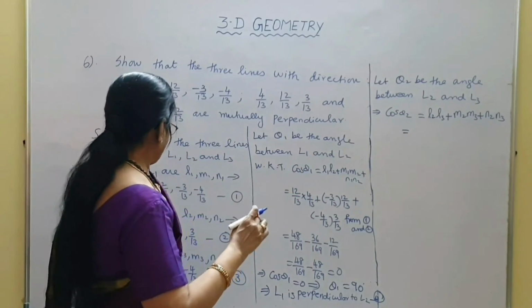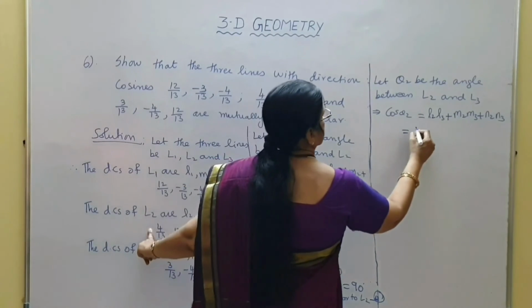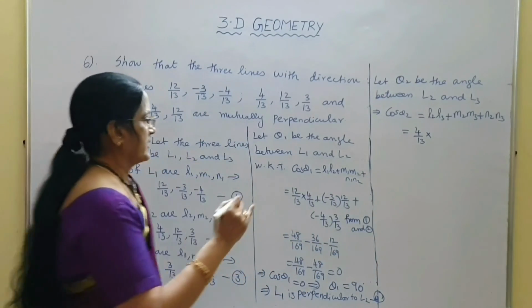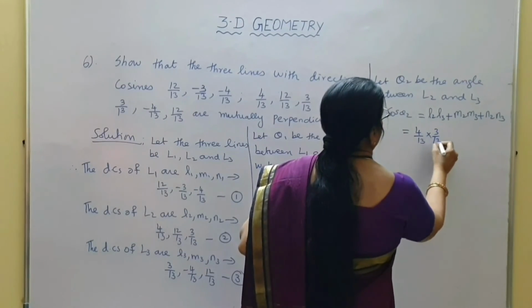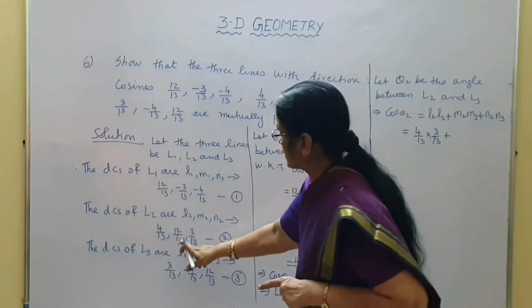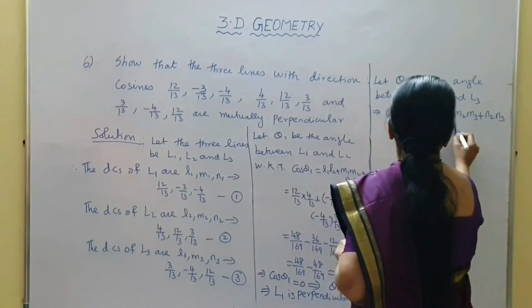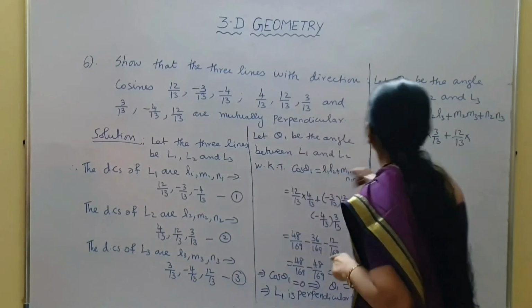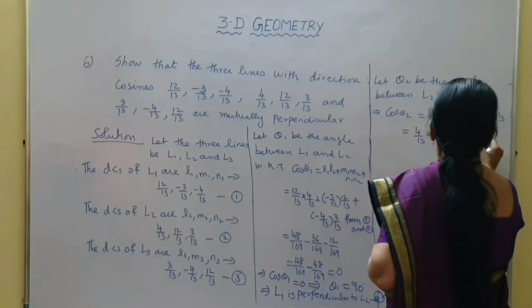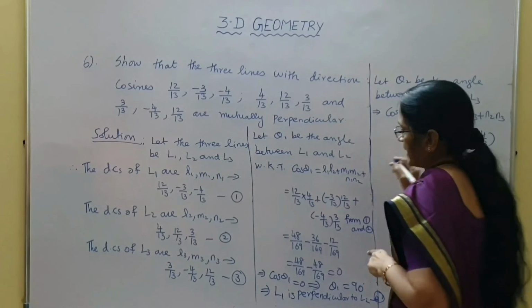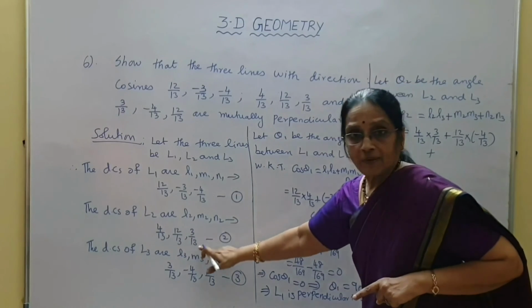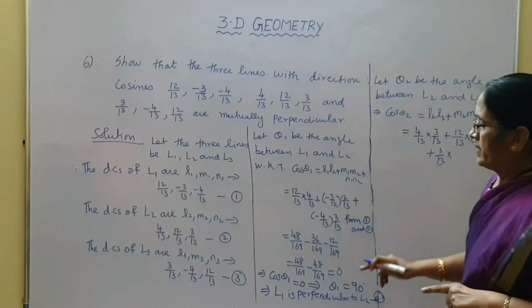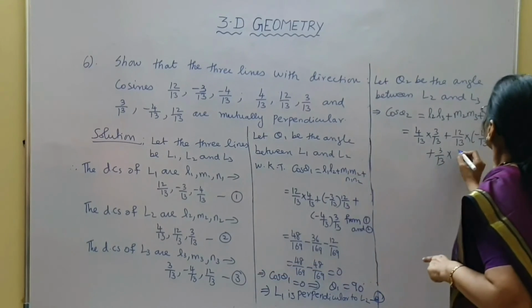So here what is going to happen? 4 by 13 into L3 is 3 by 13 plus M2 is 12 by 13 into M3 is minus 4 by 13 plus N2 is 3 by 13 into N3 is 12 by 13.